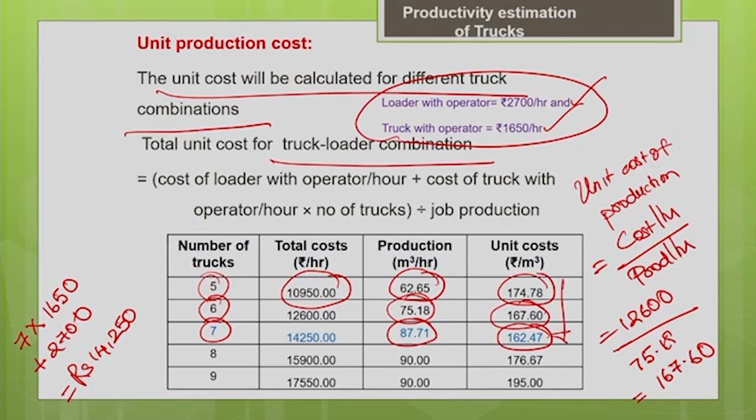But beyond the balance number 7, when I try to increase the number of trucks, there is no increase in productivity, because the productivity is limited by the loader. I cannot go beyond 90, but your truck cost is unnecessarily increasing. Because of that, the unit production cost increases significantly. That is why it is not advisable to go beyond the balance number.